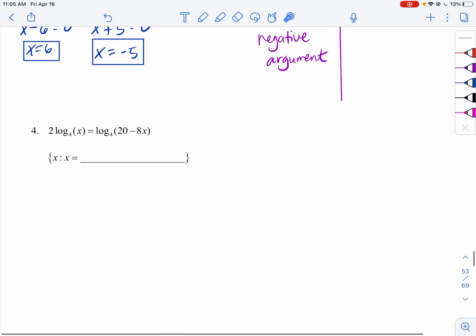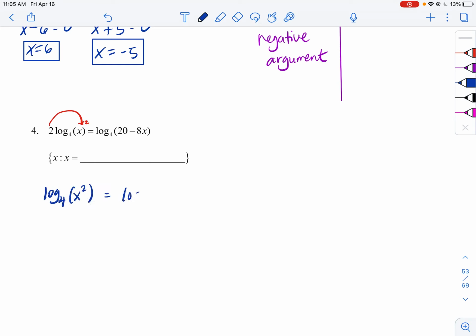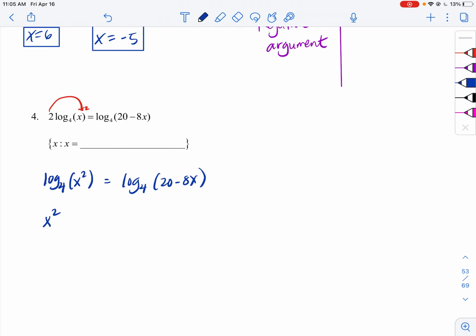Okay, last example, number 4. Do they have the same base? Yes, they do. So I can take that and say, wrong color, people, log base of 4 of x squared equals the same thing. Since they have the same base, I can copy x squared equals 20 minus 8x.